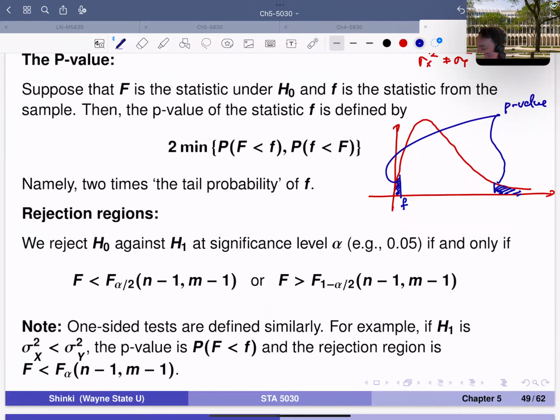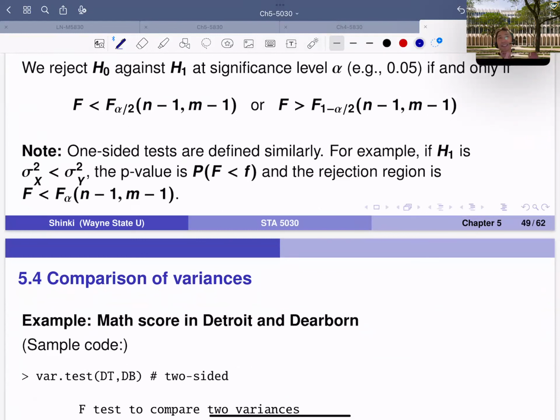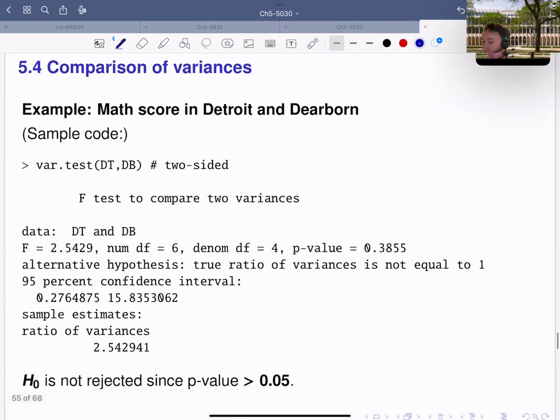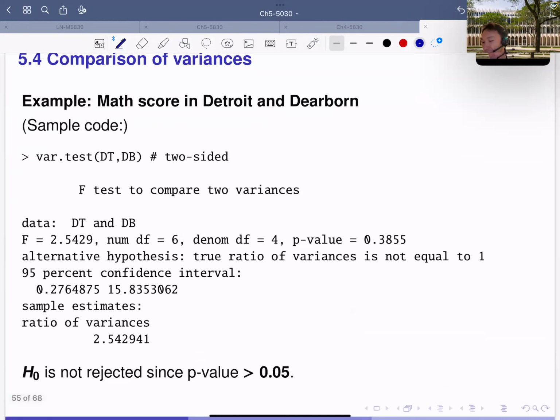Yeah, so we always have a two-sided test and a one-sided test, but that variation is very similar to the one sample t-test. So you can see how we can construct the one-sided test and the two-sided test. And this is the code, var.test.